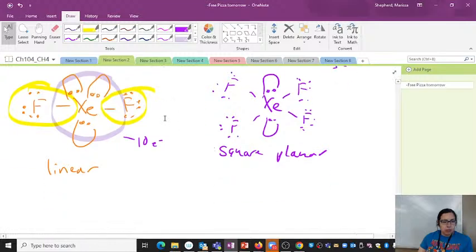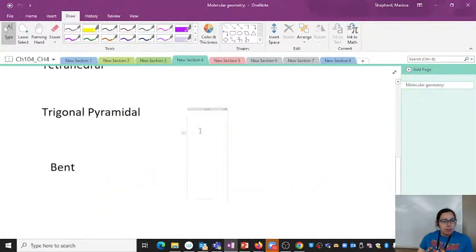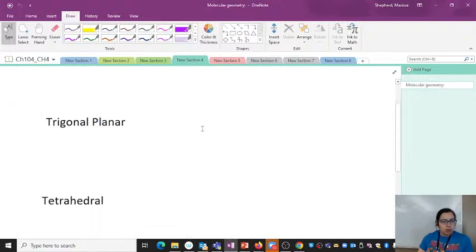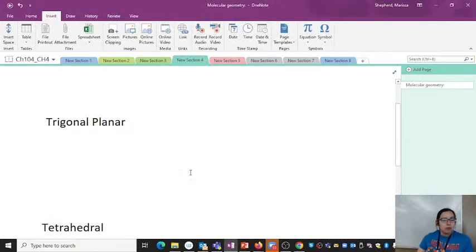Right, so good job with all those geometries. And for our class, we'll just focus on these ones. I just wanted to do a few more examples. So see if you can come up with the structure for H2CO. So what would that look like?